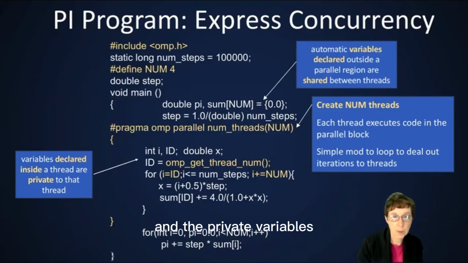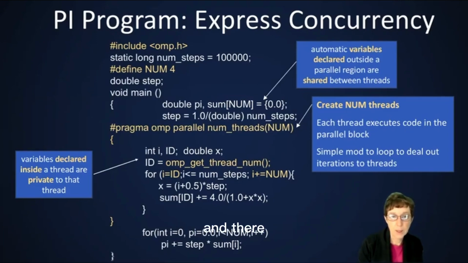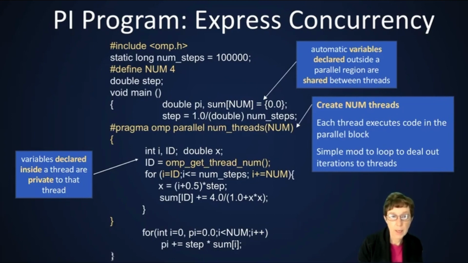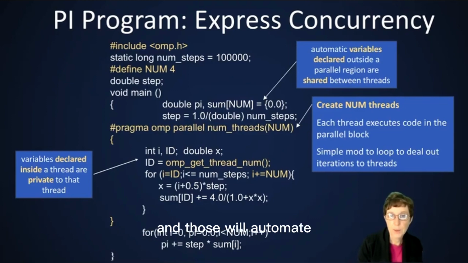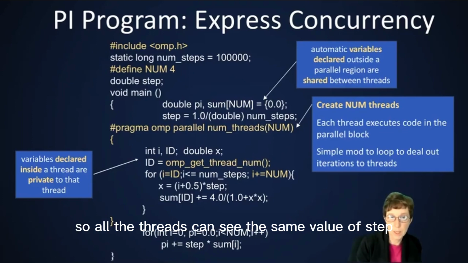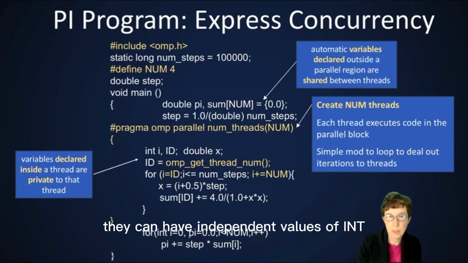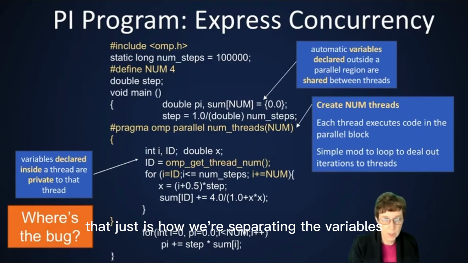Remember we separated the shared ones like step from the private ones, and the private ones are declared inside the loop. Those are going to be private to any thread, and the shared variables are declared up here before the parallel loop, and those will be shared by all the threads. So all the threads can see the same value of step, and they can have independent values of i, ID, and x. That is how we're separating the variables.